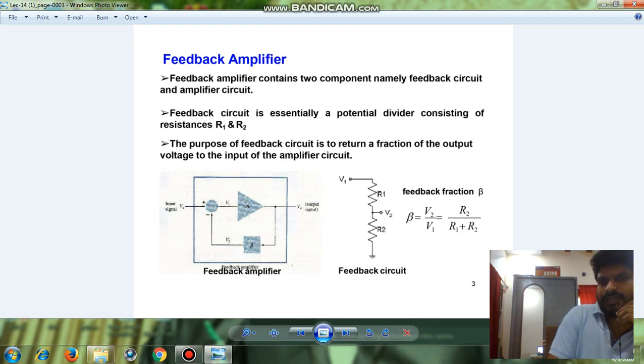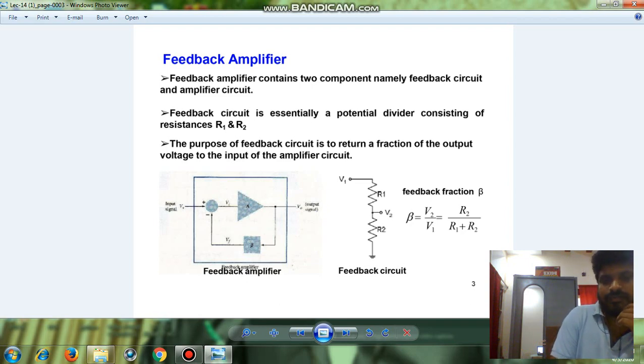The purpose of feedback, as you know, is that it drags some part of the output and gives it back to the input. This is a correction mechanism which is needed. In this figure, the feedback is the mixer circuit. This is our amplifier, basically a transistor, or we can go with an op amp also. This is the output signal.